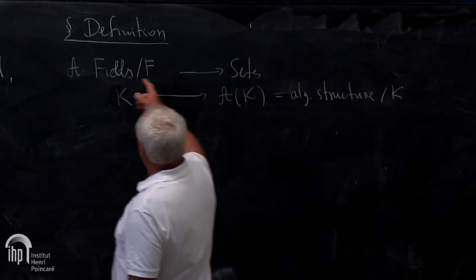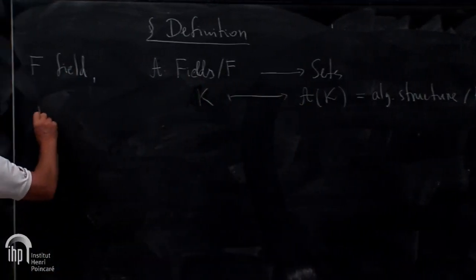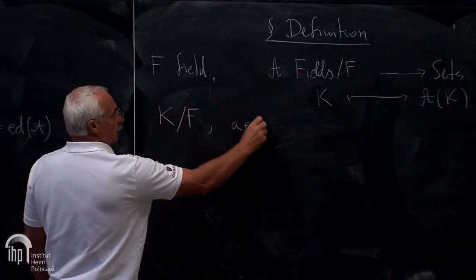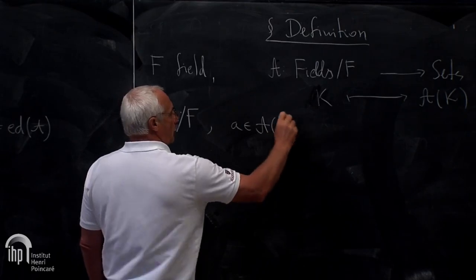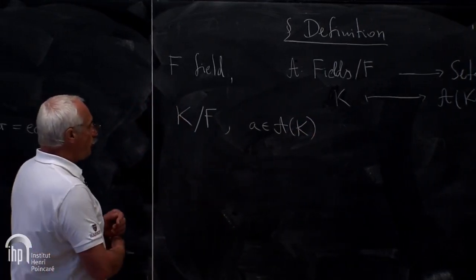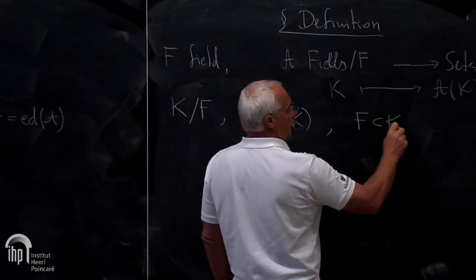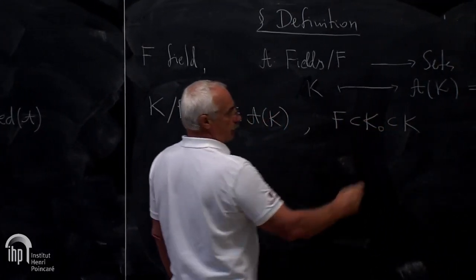Okay, let's take any field extension K over F and any algebraic structure, so it's an element of the set A of K. And suppose we have an intermediate field between K and F, the field K0.